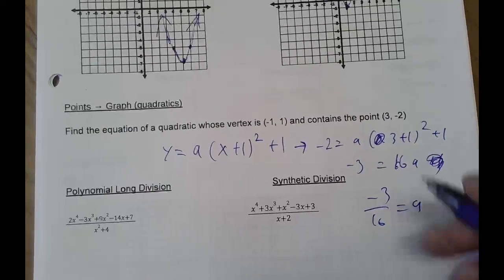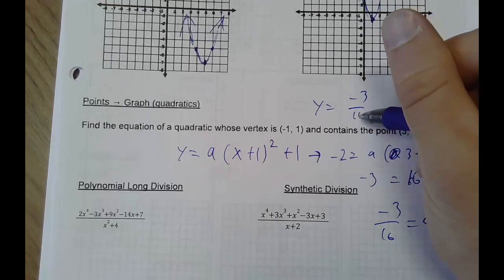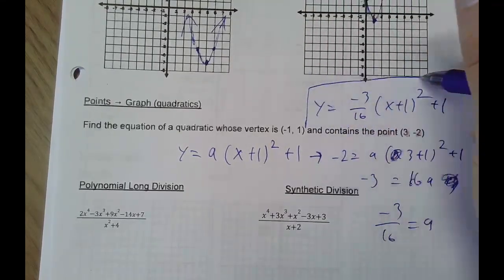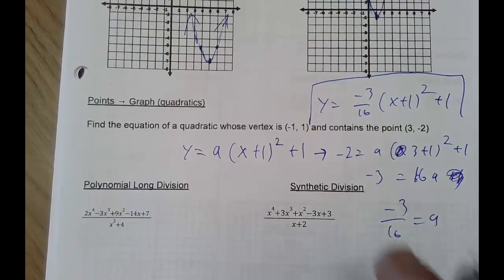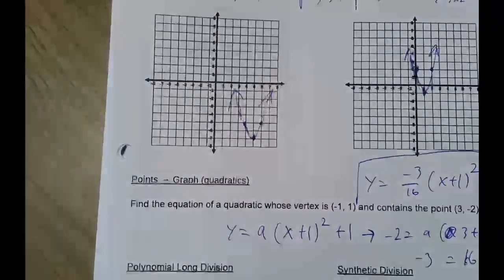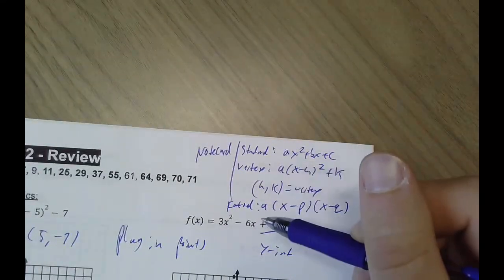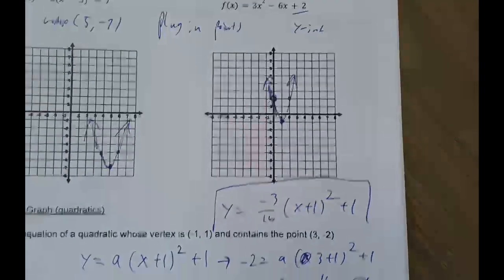So your answer would be y equals -3 over 16 times (x plus 1) squared plus 1. Okay, so you're given the vertex, so you can use vertex form, and then you just need to find the a. So don't forget about these a's, the a in front of the equations, because those can change.